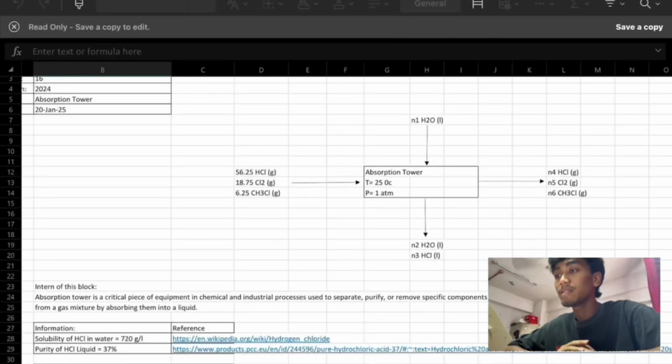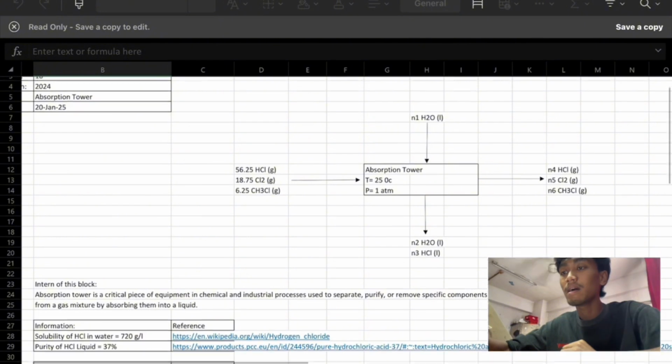Now I will explain the calculation on the absorption tower. The intent of this block is that it is a critical piece of equipment in chemical and industrial processes, used to separate, purify or remove specific components from a gas mixture by absorbing them into a liquid. There are 4 feeds into the absorption tower: 56.25 HCl gas, 18.75 Cl2 gas, 6.25 CH3Cl gas, and N1 H2O liquid.